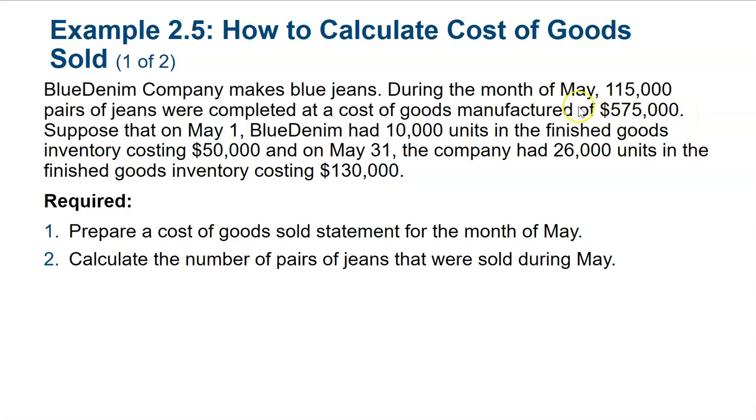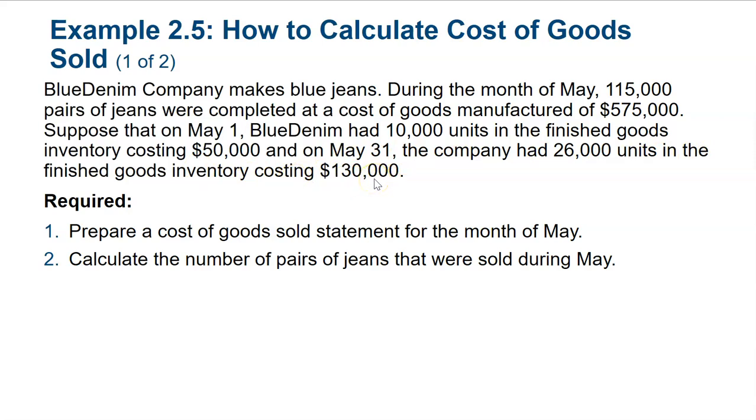Suppose that on May the 1st, Blue Denim had 10,000 units in finished goods inventory costing $50,000. And on May 31st, the company had 26,000 units in finished goods inventory costing $130,000.